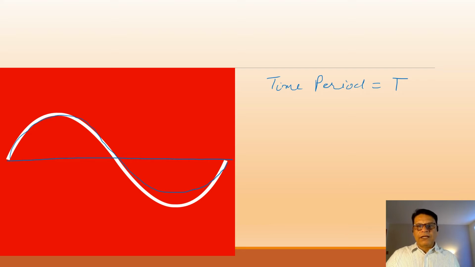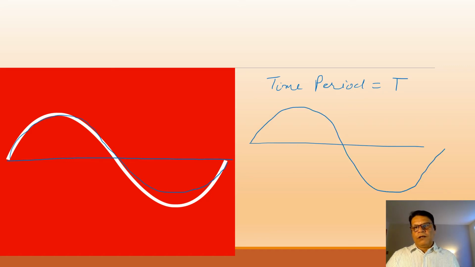If the cycle is large, it will take more time to complete this cycle, so time period will be increased. Time period is represented in second, millisecond, and microsecond.